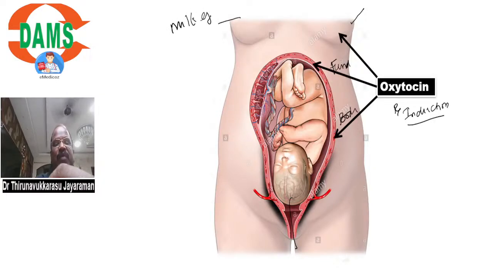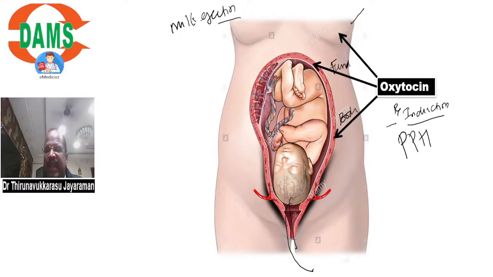That's also an important action of oxytocin. After delivery of the baby, we continue the infusion to control postpartum hemorrhage. So the two most important indications are, number one, induction of labor, number two, to control postpartum hemorrhage.